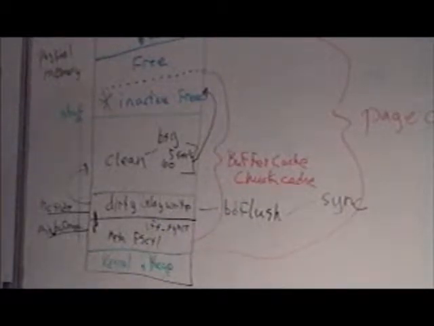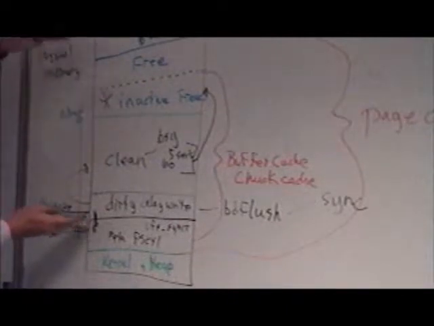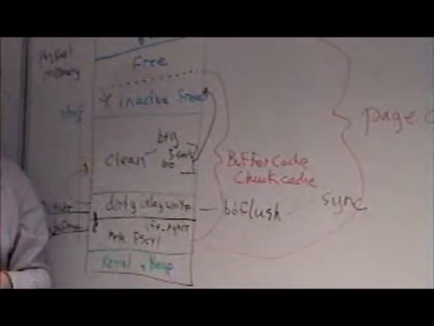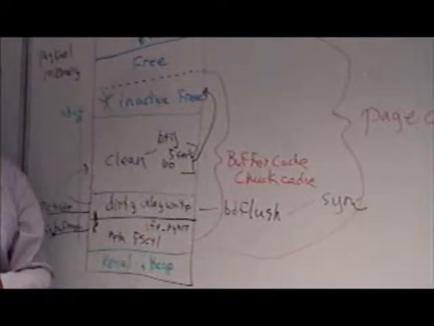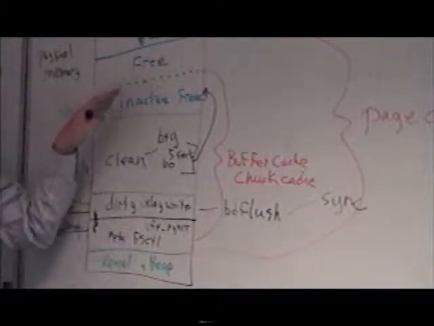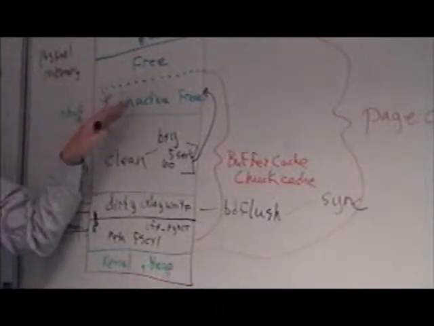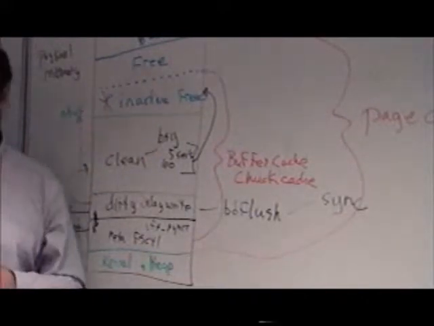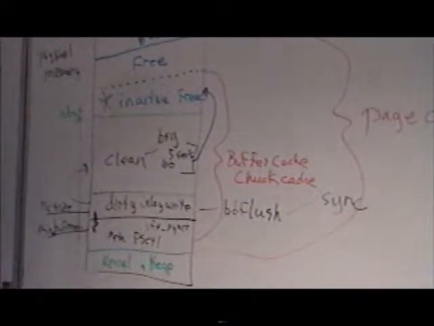We also had days where the dirty data would get so big that the disk drives couldn't keep up with it, and we'd have a sync occur before our prior sync was done. So if I've got a 64 gig machine and I let dirty data grow to 38 gig and my disk drive's 5 megabytes per second, I'm in trouble. We don't want to let it get that far. We'd like to keep ahead of the dirty data.